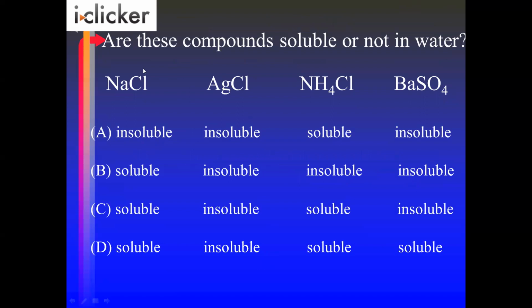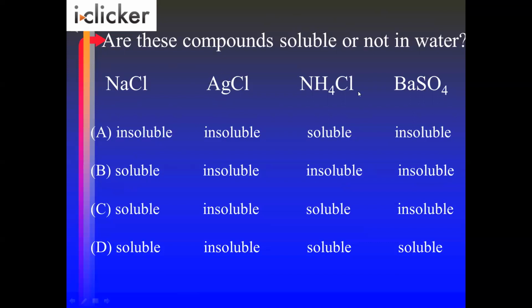Okay, let's see. Are these compounds soluble or not in water? This one, like I said, I like this group 1 elements. The alkali metal always forms the soluble compound. This one is soluble. I don't have to look at this part. Group 1 soluble, clear. So A is out.